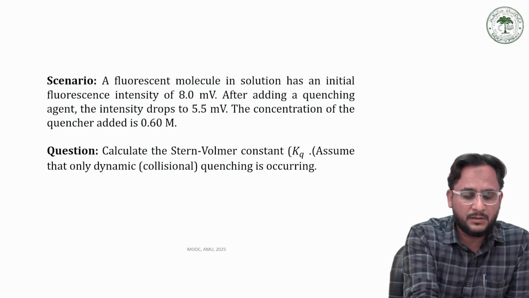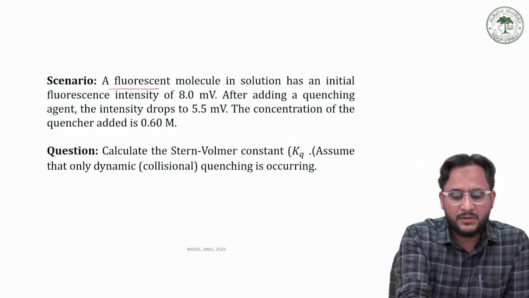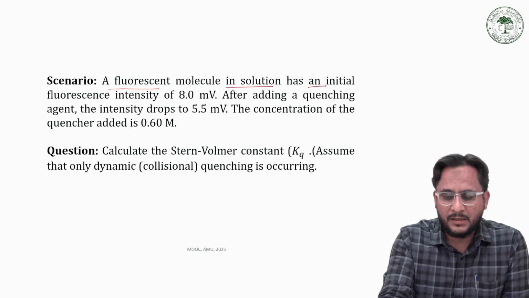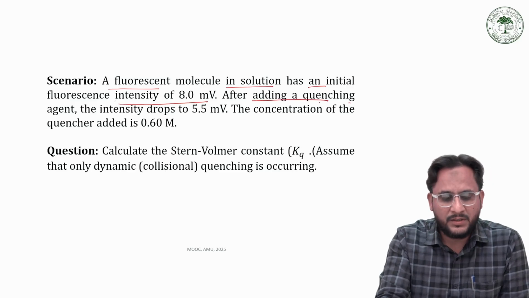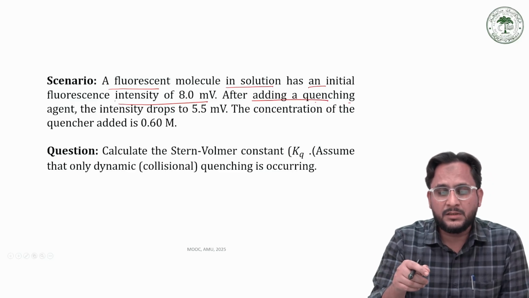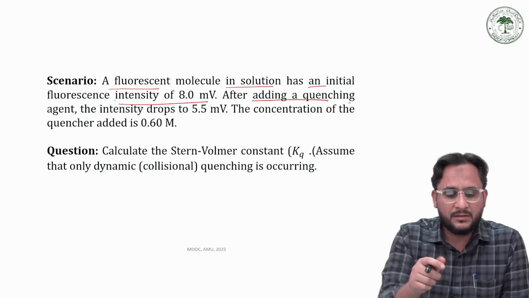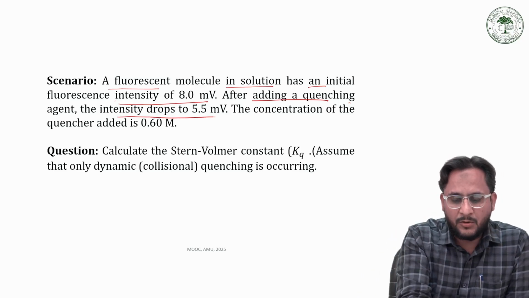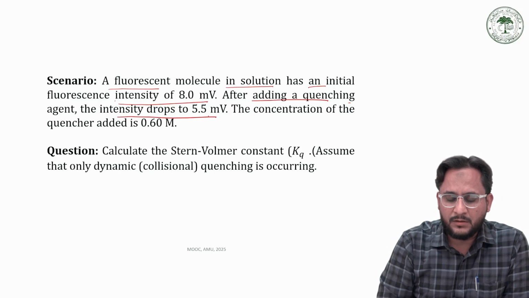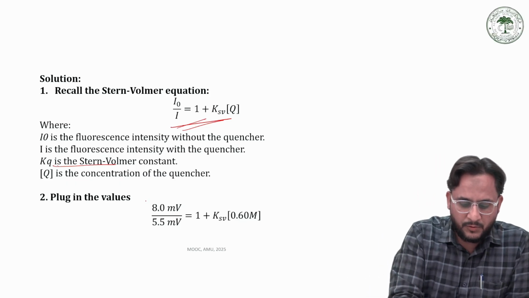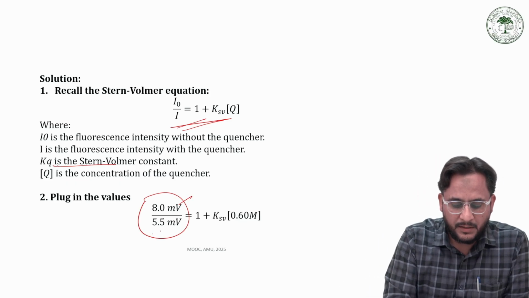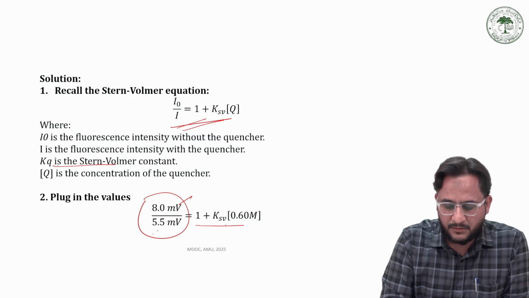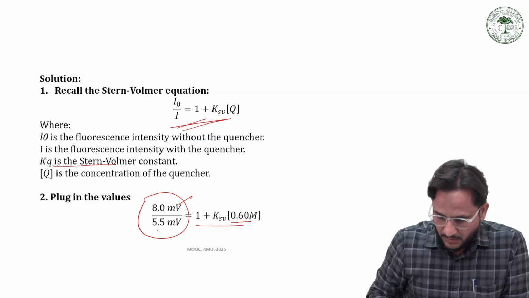Then another question, look at this scenario. A fluorescent molecule in solution has an initial fluorescence intensity of 8 millivolts. After adding a quenching agent, of course there should be a decrease in intensity. The intensity drops to 5.5 millivolts. So we put I naught is 8 millivolts, then I is 5.5 millivolts, 1 plus KSV, the concentration of Q is 0.6 molar.